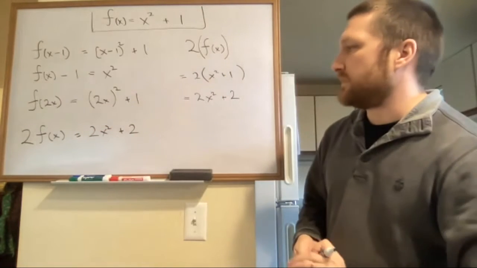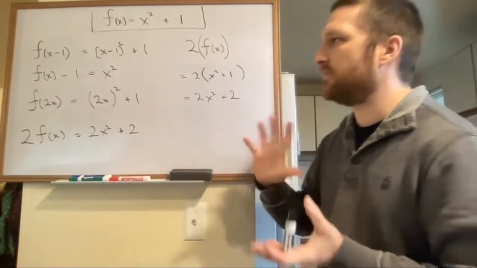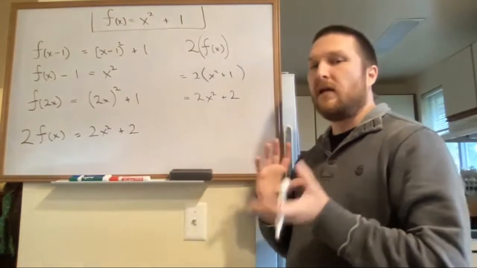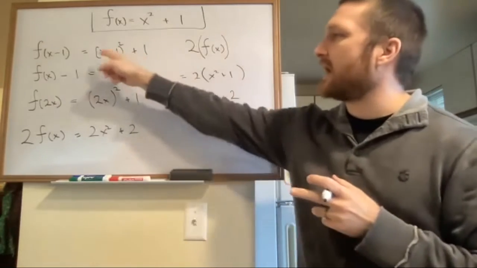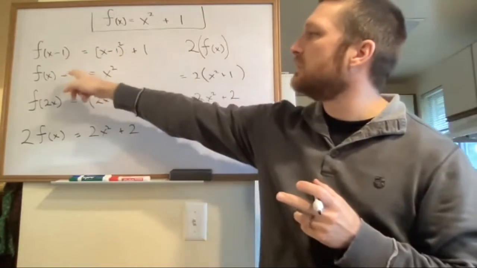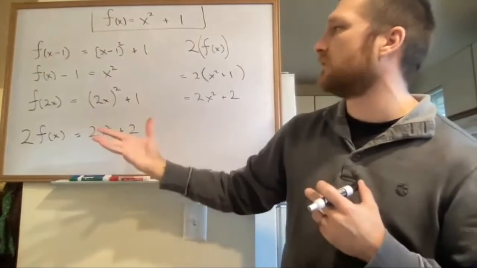Now here's something to notice. This is the type of manipulation that we're going to be working on over the next week or so: what happens when I add and subtract from inputs and outputs. When I add a number to the input, what happens to the graph of the function?